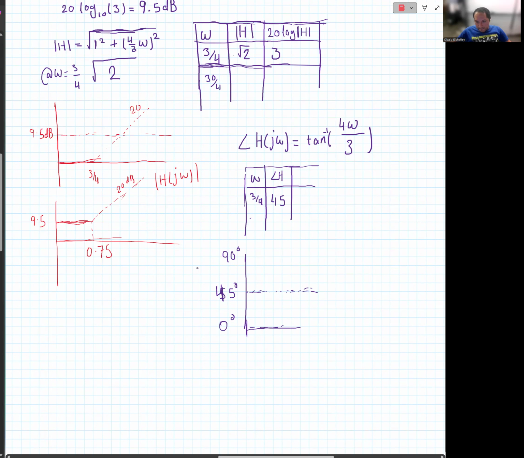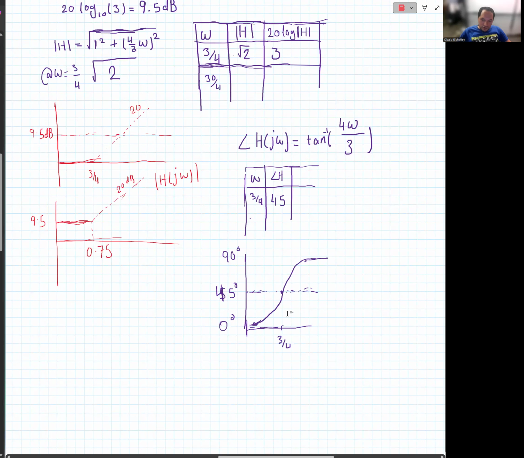So at 3/4, our phase will be 45, and at 30/4, your phase becomes closer to 90. And as omega gets smaller, the value becomes smaller exponentially as well. So your phase plot will look something like this.